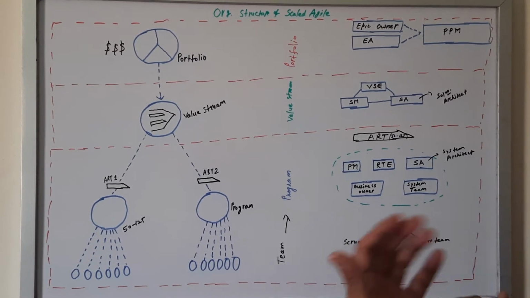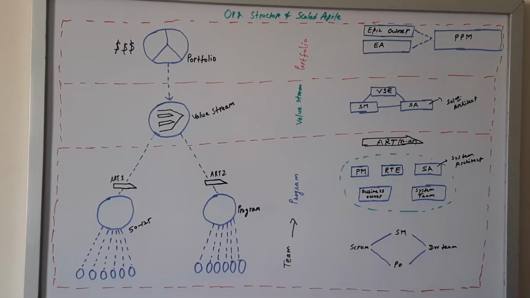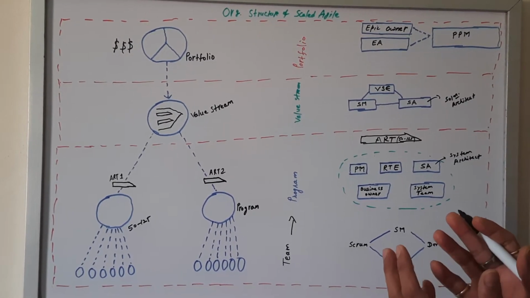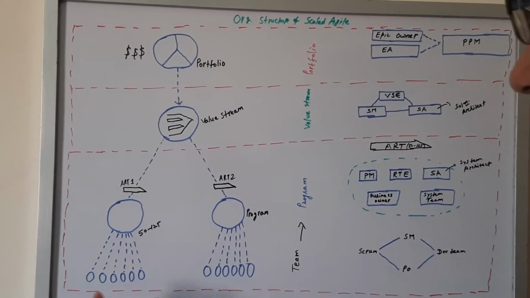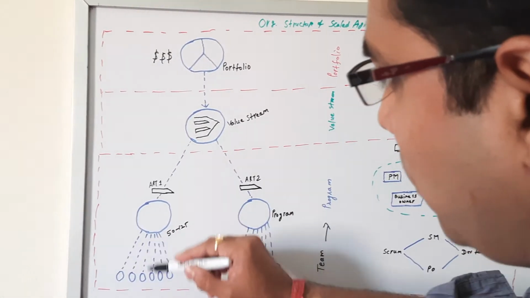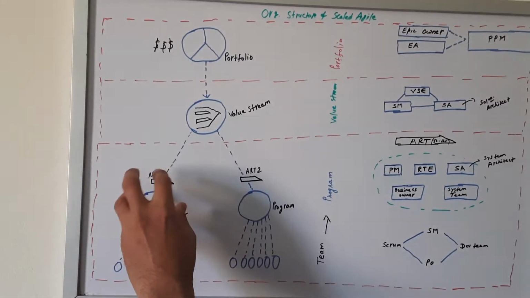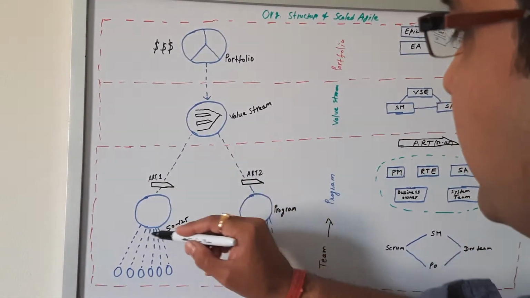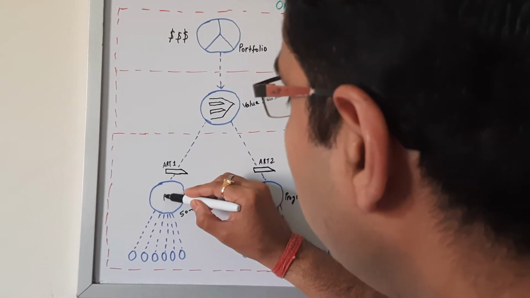It would be very difficult to achieve the common goal. To achieve the common goal or the common features, we group all these teams into a single team known as a program. Here you can see this circle is a program. We can call this Program 1.